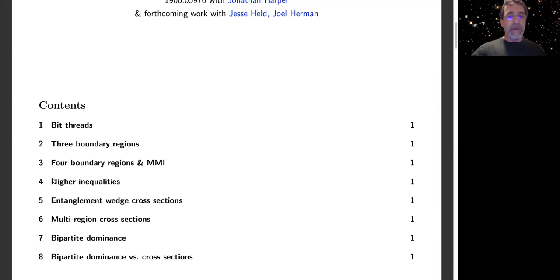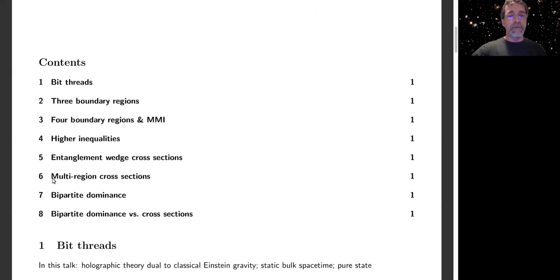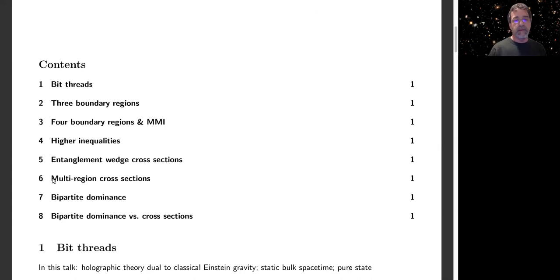I've given a lot of talks on bit threads, so I'm just going to do a bare-bones review here. In this talk, I'm going to limit myself. Unlike the previous talks, which have all been about quantum effects and so on, which are obviously very interesting and important, here I'm just going to do classical Einstein gravity and also a static bulk spacetime, so I can talk about the original Ryu-Takayanagi formula as opposed to the HRT covariant formula.